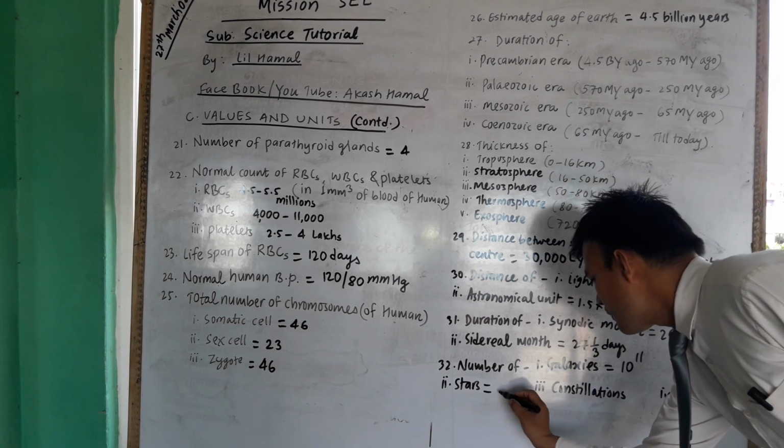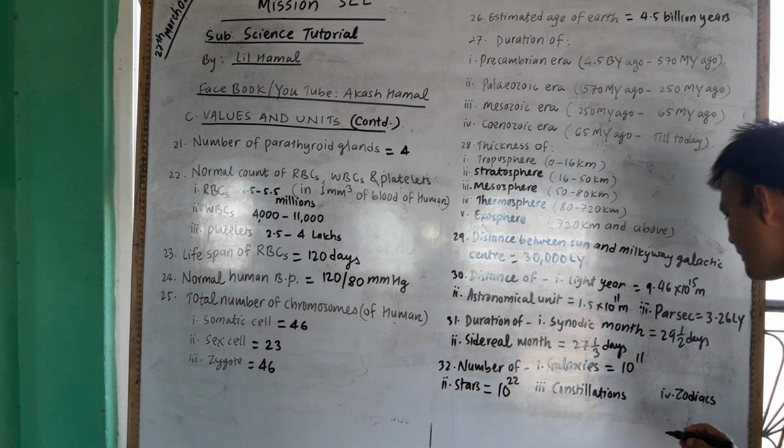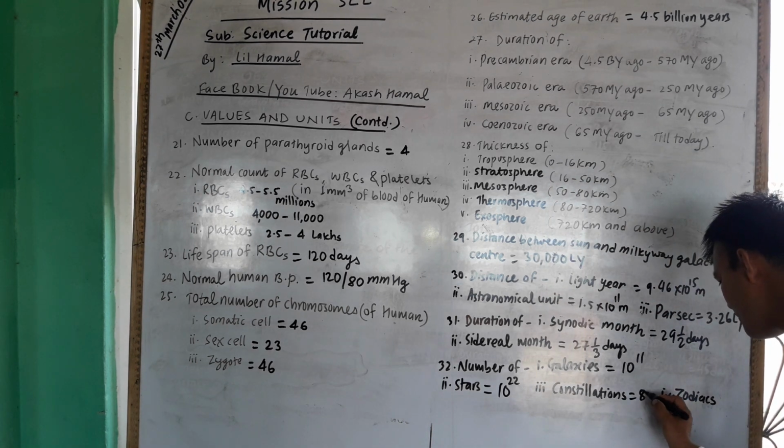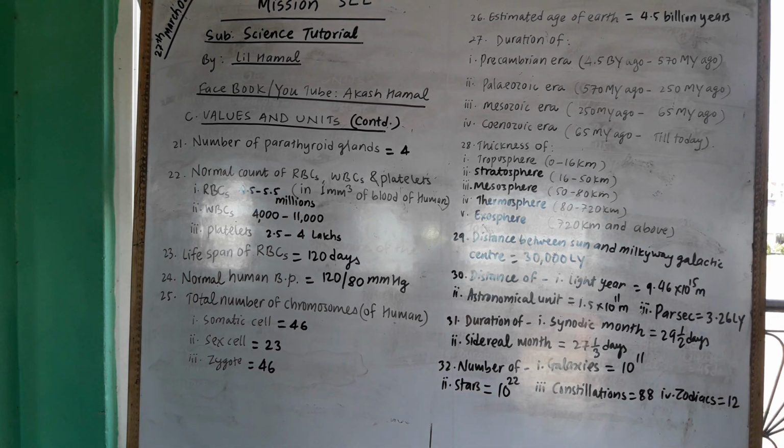Let's say the total number of stars is 10 to the power 23. There are 88 constellations, and out of them, 12 are known as zodiacs or zodiac signs.